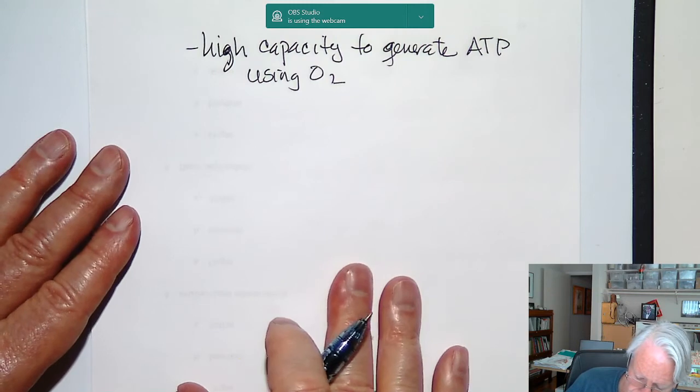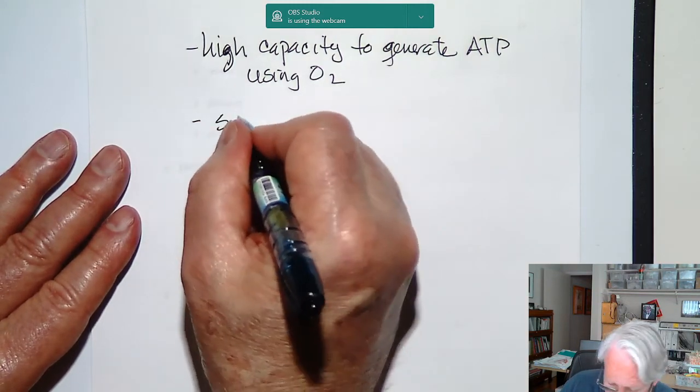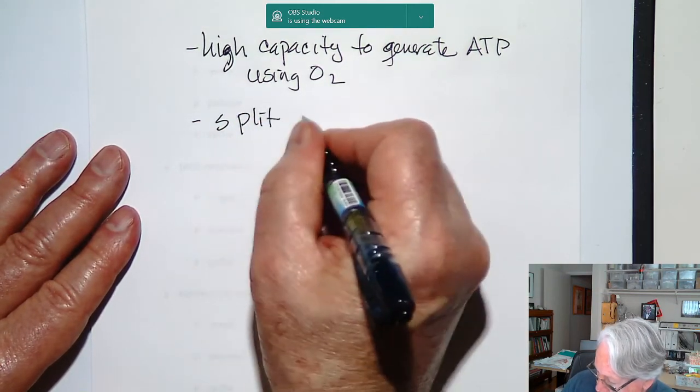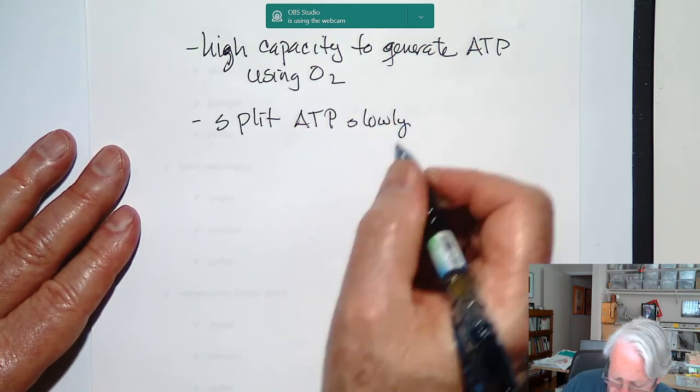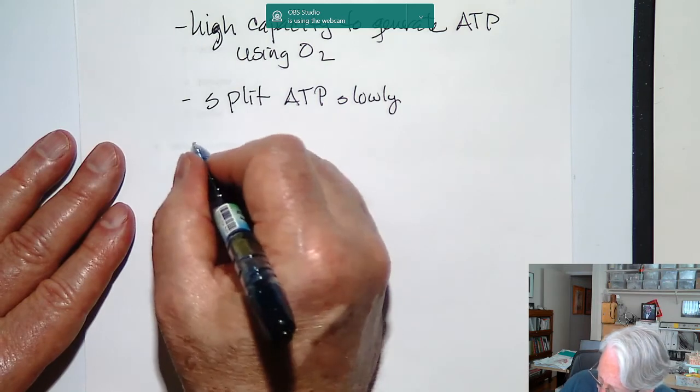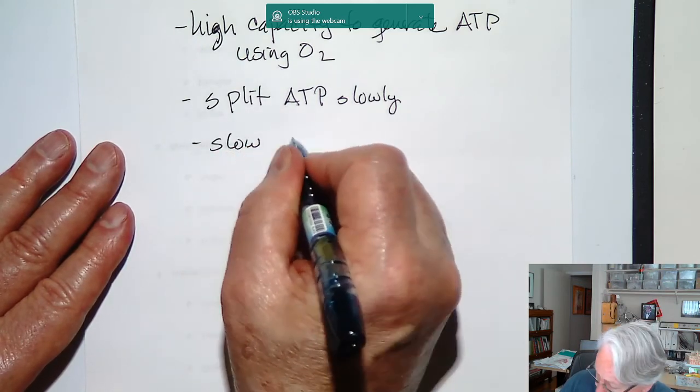Okay. And they split ATP slowly. They don't use it up. So they have a slow contraction speed.